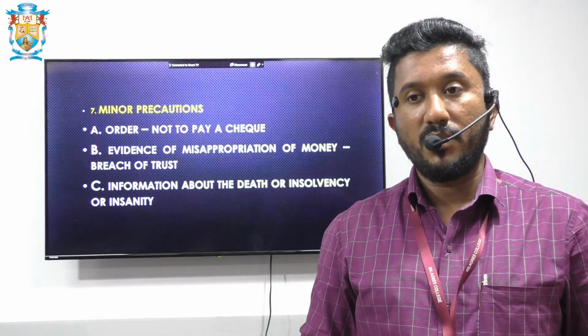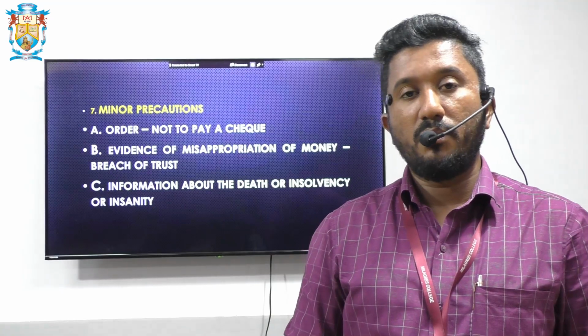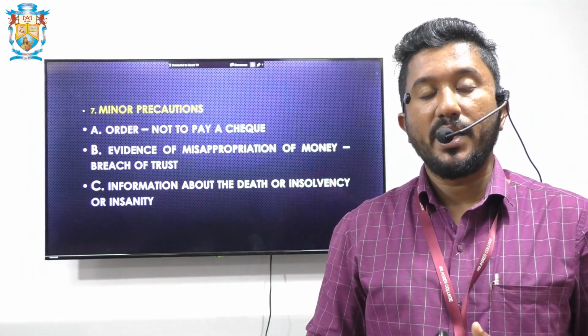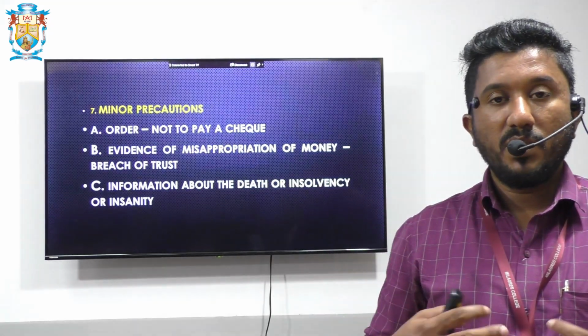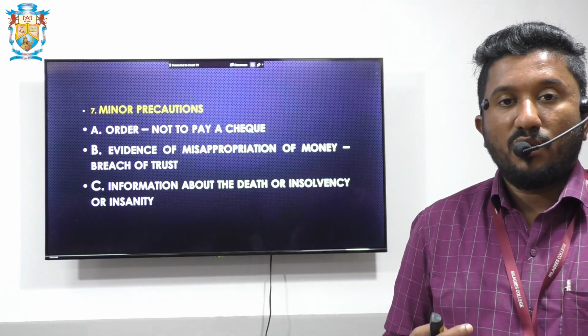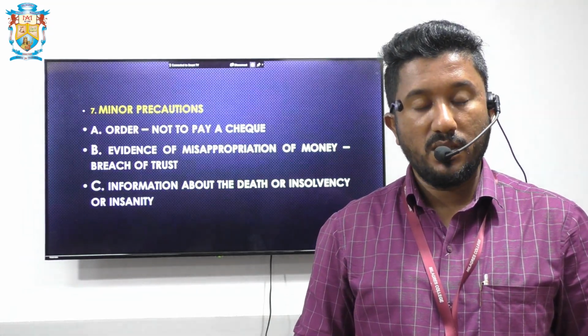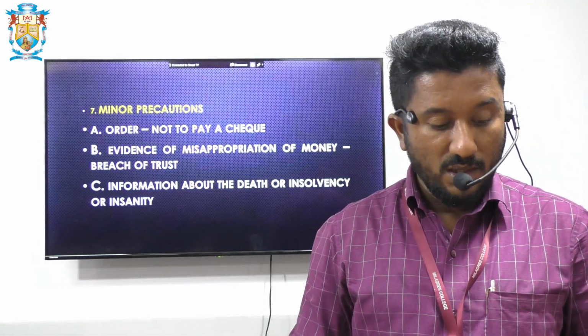Sometimes the check has been presented to the bank and suddenly death happens. So they have to identify whether the person is alive or not. If it is a case of death, then immediately they have to stop the payment to the customer's account.